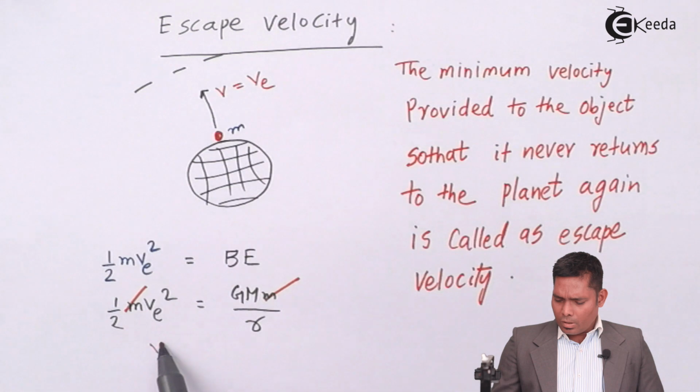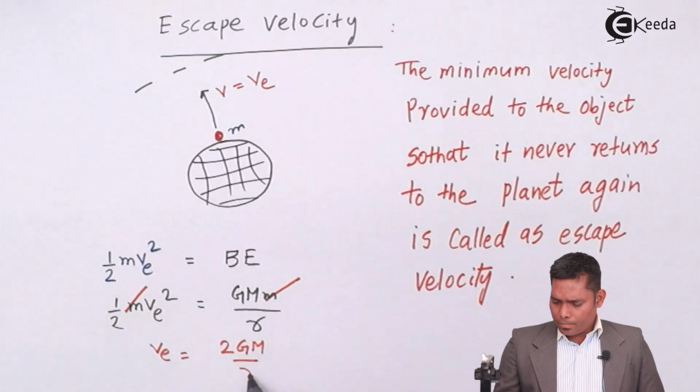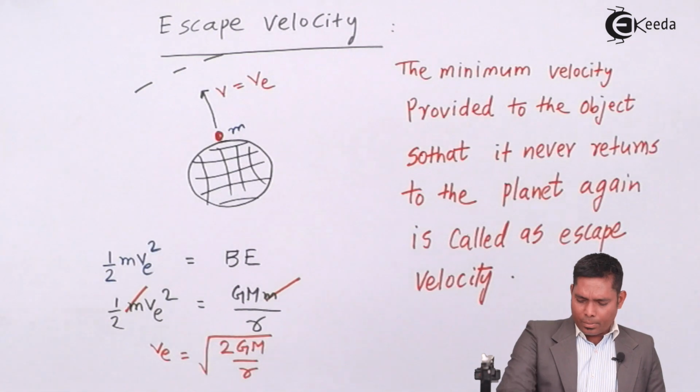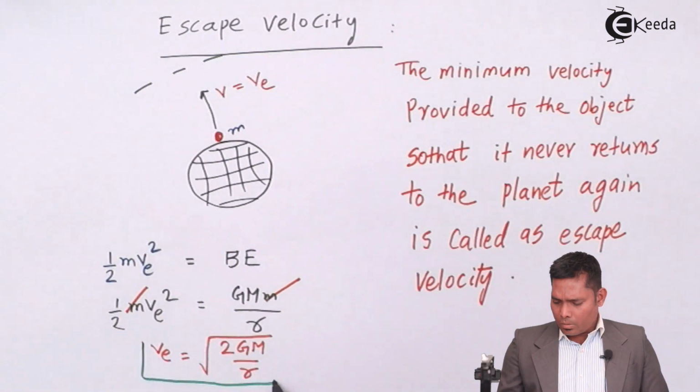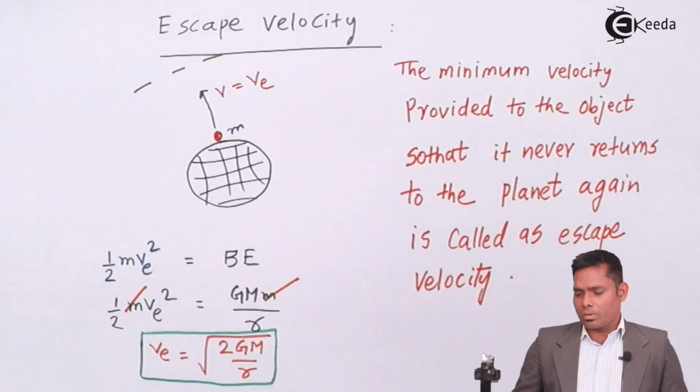Escape velocity Ve from here is root of 2GM over R. This is the final expression for the escape velocity for an object resting on the surface of the Earth.